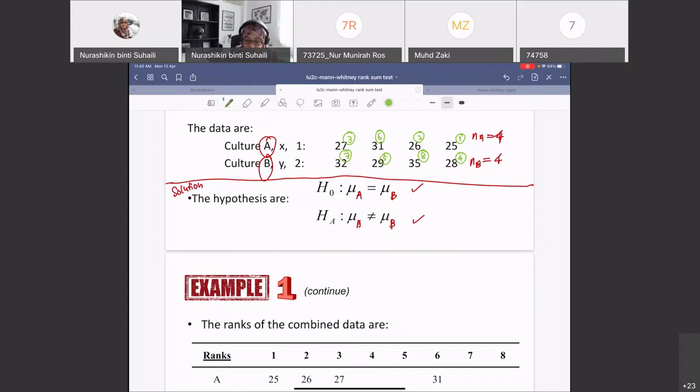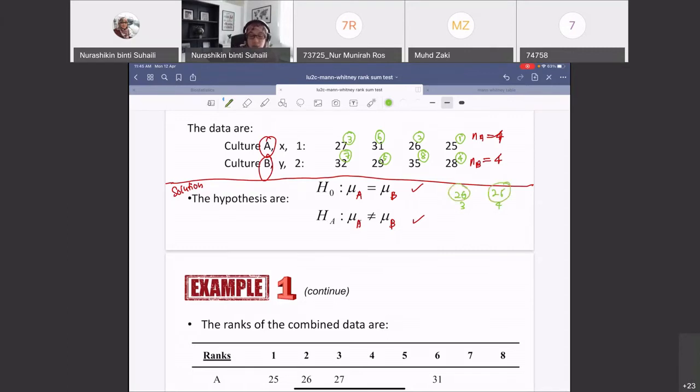So when they are similar values, let's say they are both 26, I hope you already know about the tied ranks. If this 26 is supposed to be 3 and 4 in terms of the ranks, you cannot put this one 3 and this one 4 because both of them are similar in values.